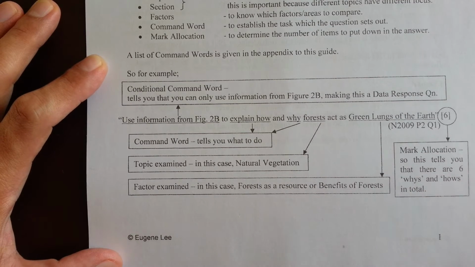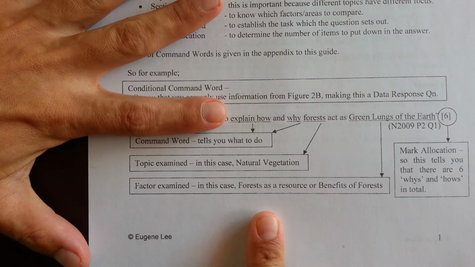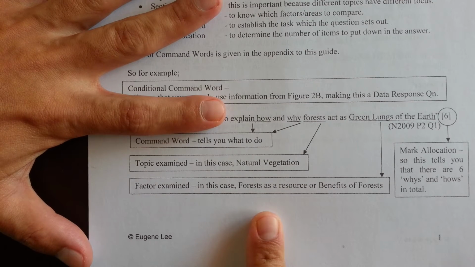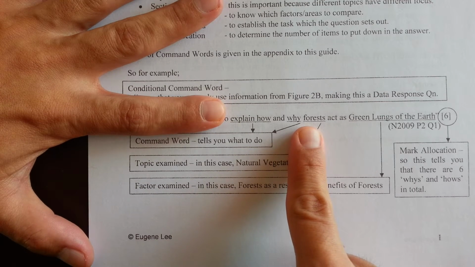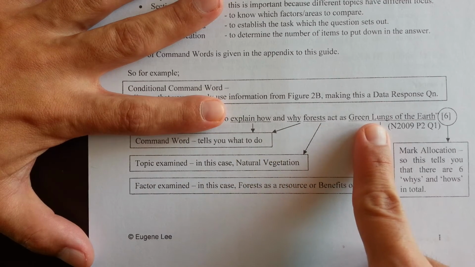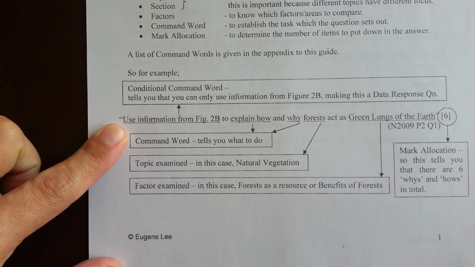In contrast, if this conditional command word or phrase is removed, then you realize that almost any information that you have relating to the topic on forests, for example, and relating to the factor of green lungs of the earth can be used to answer the question. So the conditional command word is extremely important.